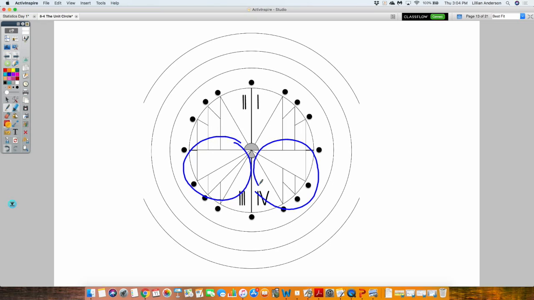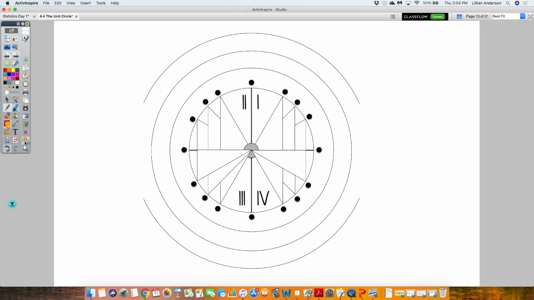So what I want you to do for the rest of the period is finish this unit circle. Yes, you can, because you already know what these little triangles are on the inside. They haven't changed. And then you can use that to help you with your ordered pairs.